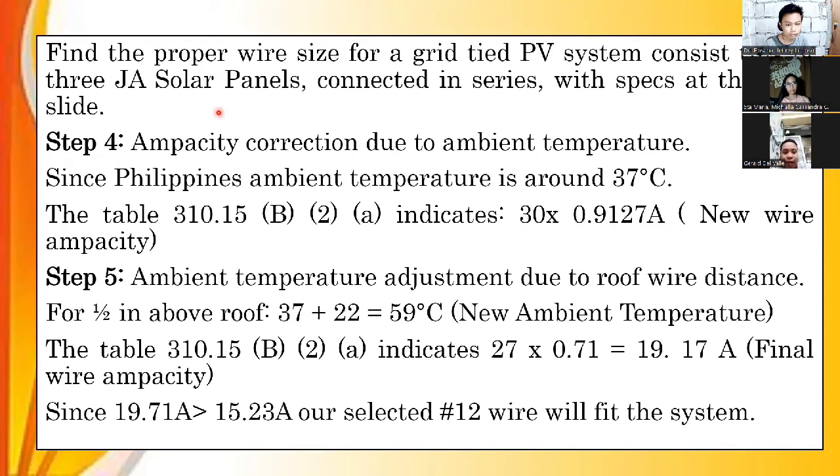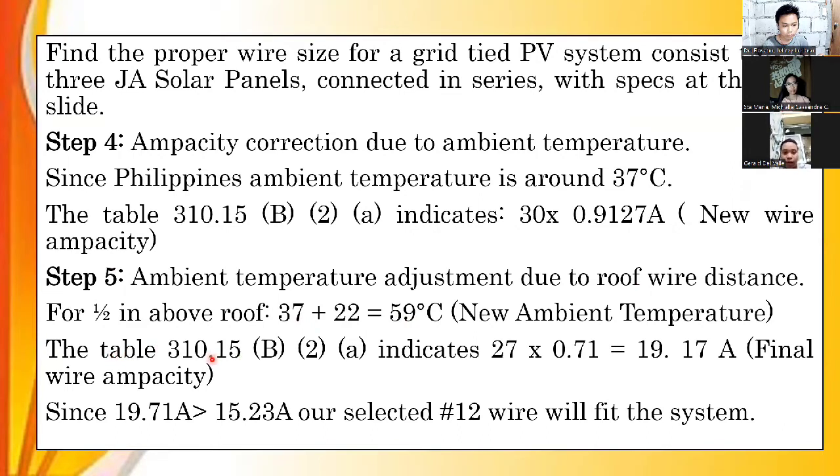So it's the same as the example. Step 4 is ampacity correction due to ambient temperature. Since the Philippines' ambient temperature is around 37 degrees Celsius, the table indicates 30 times 0.91, or 27.27 amperes. Step 5, ambient temperature adjustment for roof wire distance, for 1/2 inch above roof: 37 plus 22 equals 59 degrees Celsius.